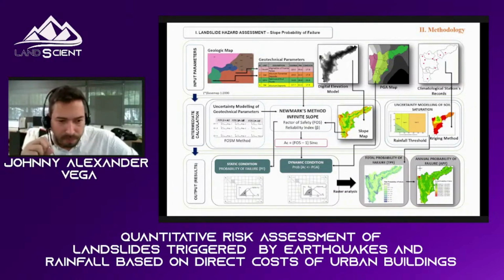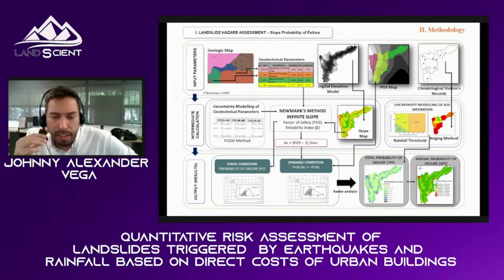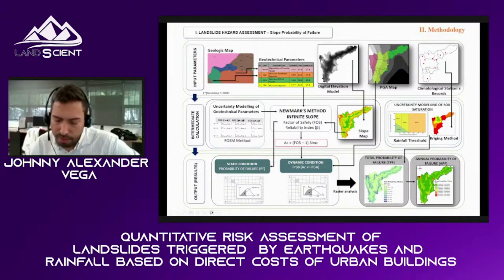We use two conditions: static conditions related to the factor of safety and probability of failure, and a dynamic condition using the critical acceleration considered in the PGA map. The result of this stage of the research is the annual probability of failure, which you can see in this image.